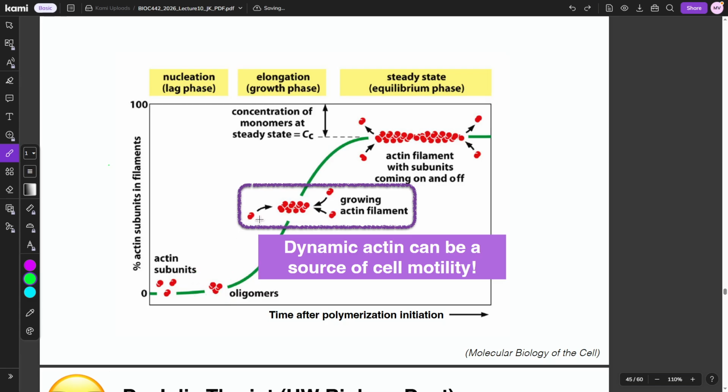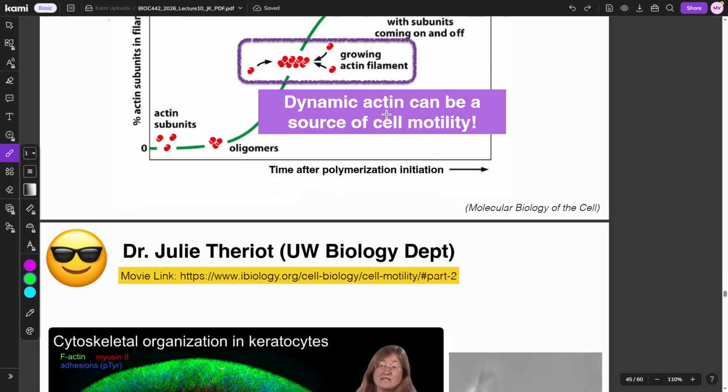And so you get this exponential curve where you eventually start making massive structures. At some point you get to a steady state phase where the rate of actin coming on is equal and opposite to the rate of actin coming off. So that's the cool thing about actin.